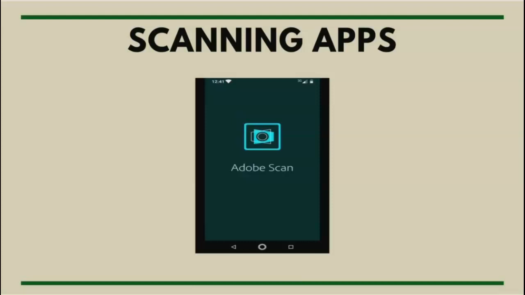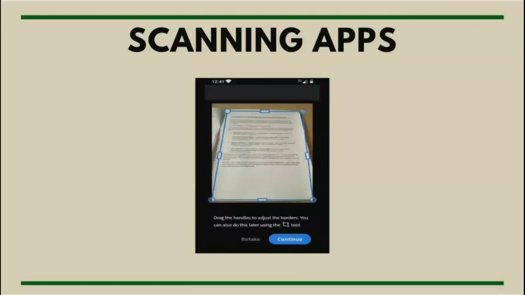The app looks for the document, captures it automatically, and then I'm going to do a tiny bit of adjustments because I want to make sure that the scan is as readable as possible. Always important, and I'll talk a little bit about why later on in the video. I'll continue from there, because we've got rid of some of the shadows on the left-hand side as well.